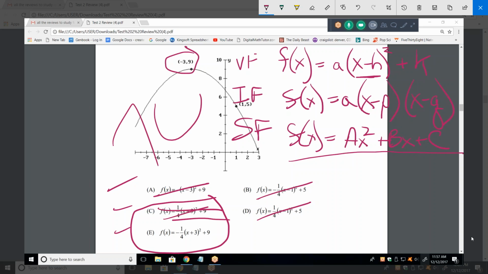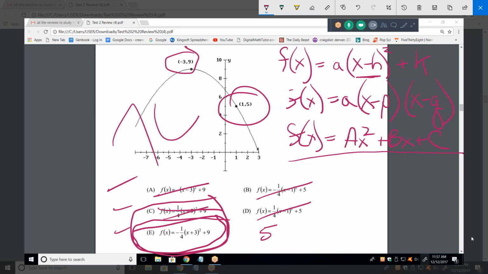Now, we think we know our answer, but just to be sure, we better put in this other point that they gave us here. Real quickly, I know it's over by a minute, but put in that point. If that point satisfies this equation, then we're done.